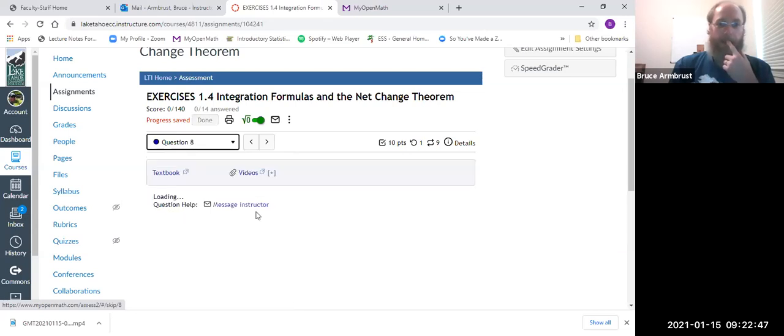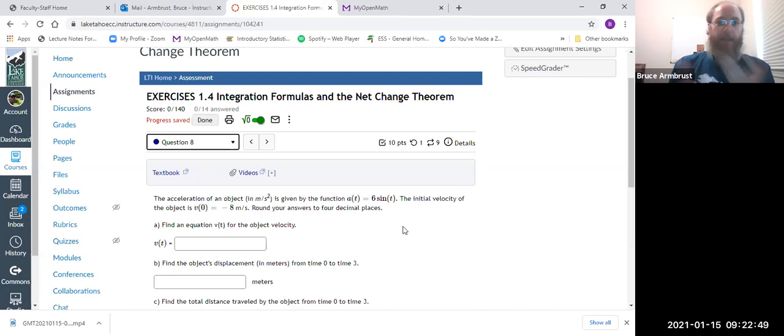Real quick for 8. This is exactly the same story, except you're given acceleration. So you're going to anti-differentiate acceleration to get velocity. And then you're going to anti-differentiate velocity to get displacement. And again, they give you some information here, right?